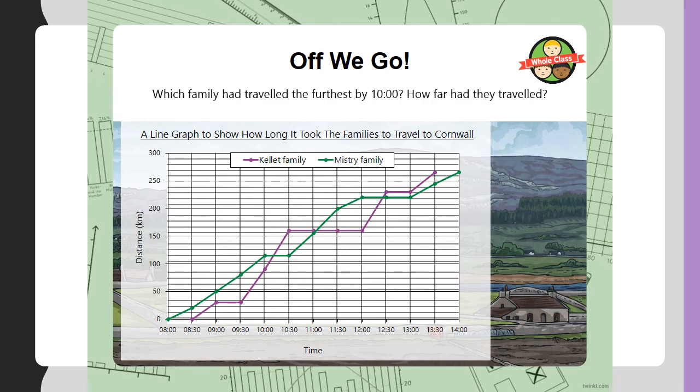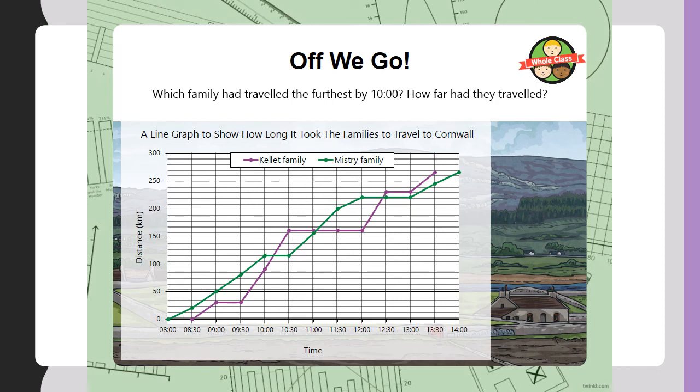Which family had travelled the furthest by 10 o'clock? And how far had they travelled? So you'll need to follow the x-axis on our line graph until you hit 10 o'clock. Put your finger on 10 o'clock and then travel upwards until you hit the purple line that represents the Kellett family.